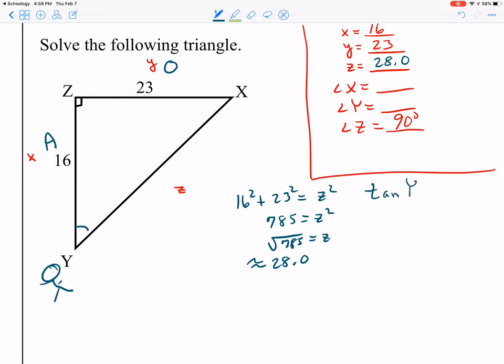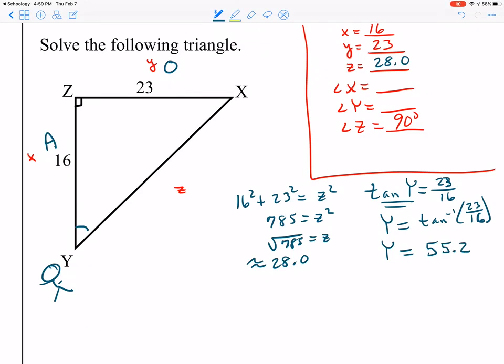The tangent of Y is equal to my opposite side of 23 over my adjacent side of 16. Because I want to solve for an angle measure, I have to take out the tangent by doing the inverse operation. So my angle Y is the inverse tangent of 23 over 16. Type that in, and we get 55.2.